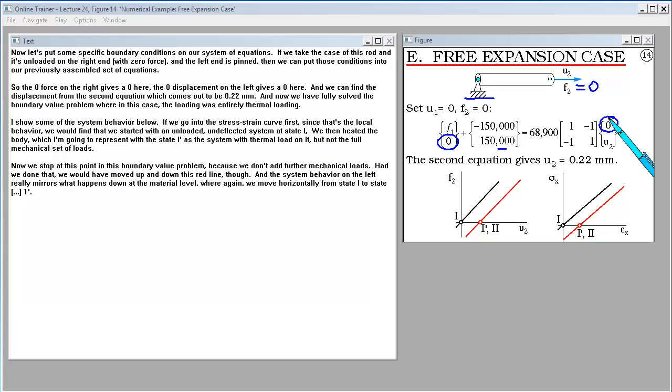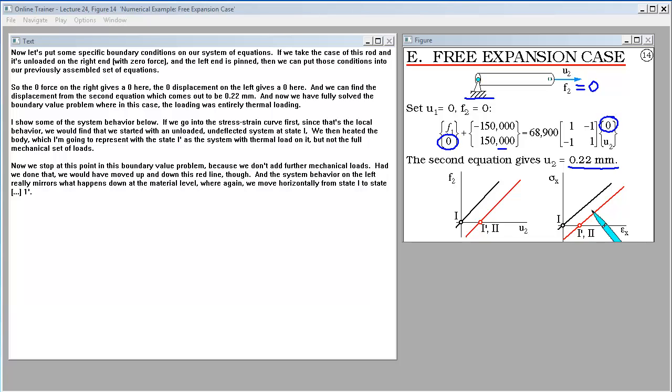And we can find the displacement from the second equation, which comes out to be 0.22 millimeters. And now we have fully solved a boundary value problem where, in this case, the loading was entirely thermal loading. I show some of the system behavior below.